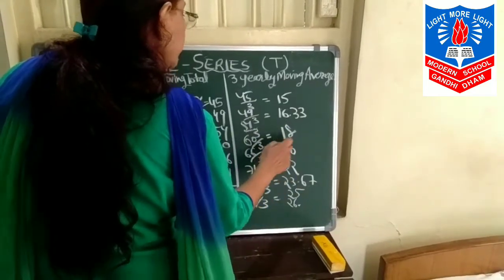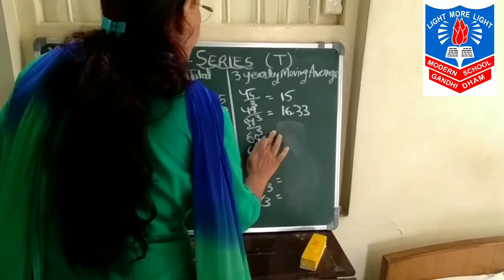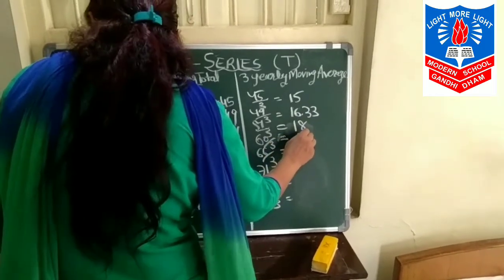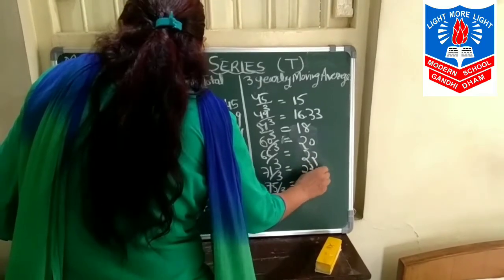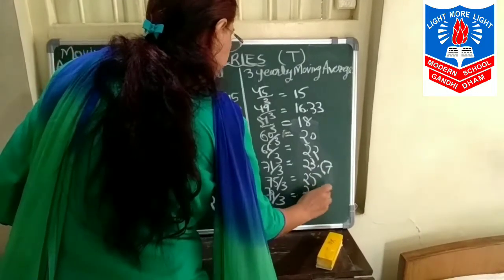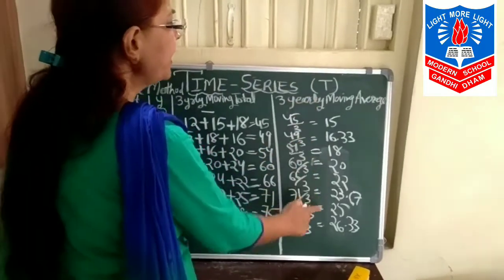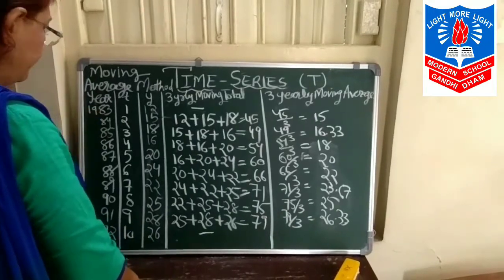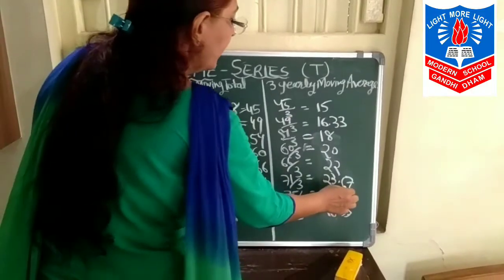Here one is missing, so: 54 by 3 will be 18, 60 by 3 will be 20, 22, 23.67, 25, and 26.33. So this way, the 3 yearly moving averages from 1983 to 1992 are these all.